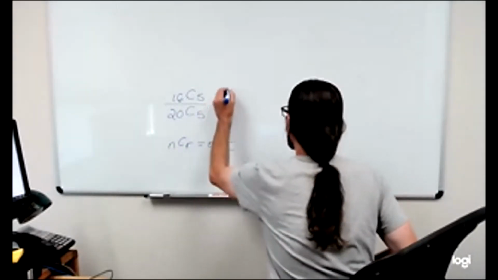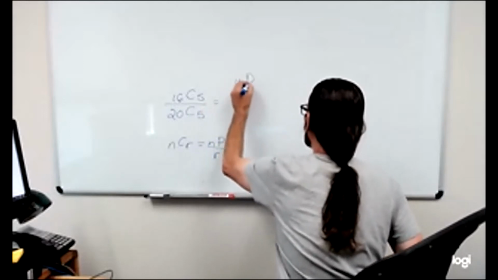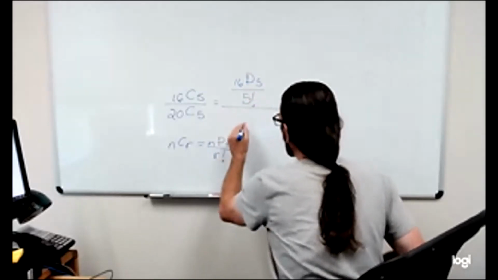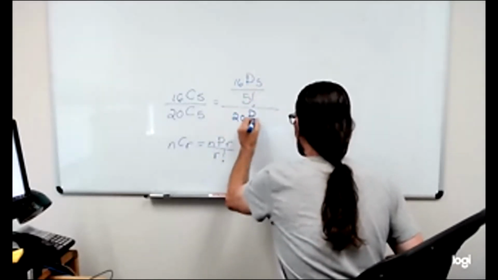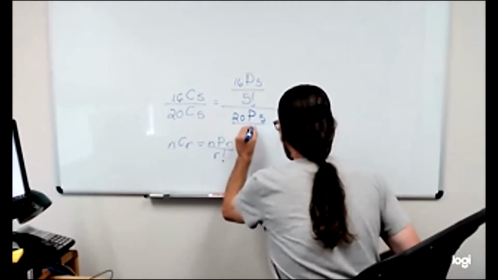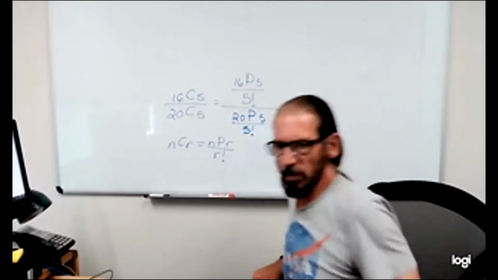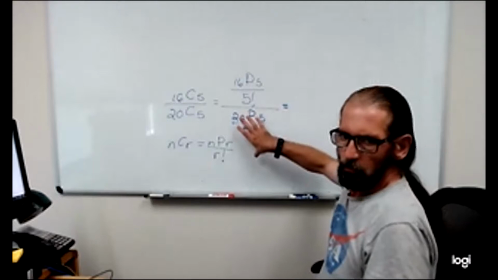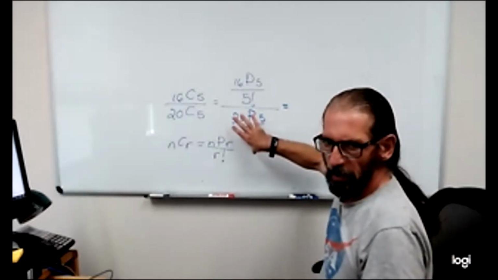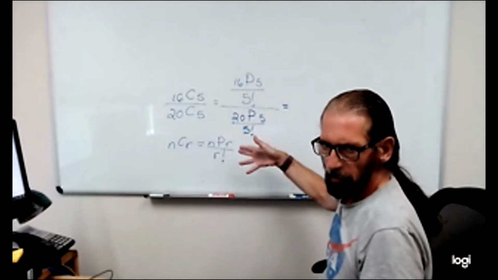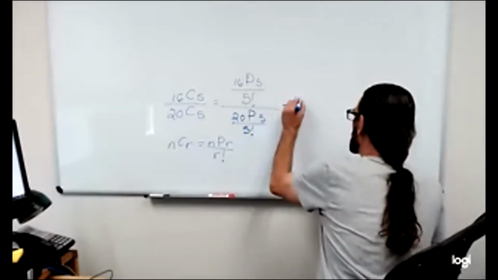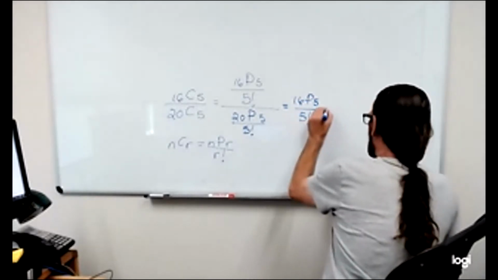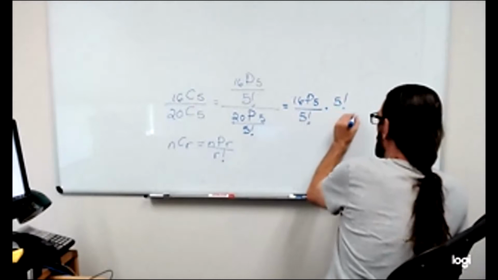So this would be 16P5 over 5 factorial, all of that divided by 20P5, also divided by 5 factorial. Well, if you take the fraction you're dividing by, take its reciprocal, and multiply it to what's on the top, then the 5 factorials are going to cancel out.